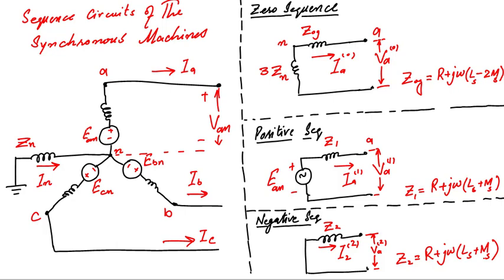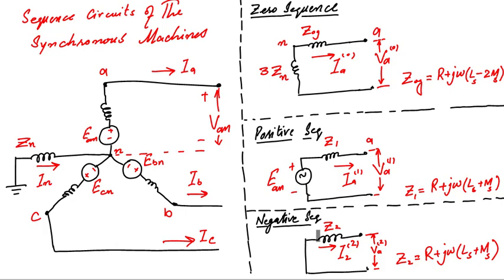So first we will address this thing, why we have a source in only positive and there is no source in negative and zero. But in case of its phasor circuit we can see here the source is present in all the three phases, but in case of sequence form it only exists in positive sequence, neither in zero nor in negative sequence. The reason is generators are designed to produce a balanced three phase voltage.